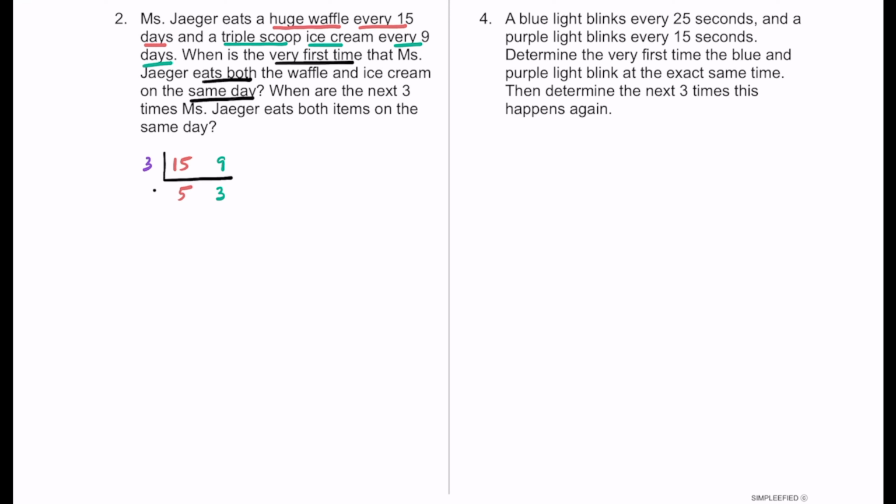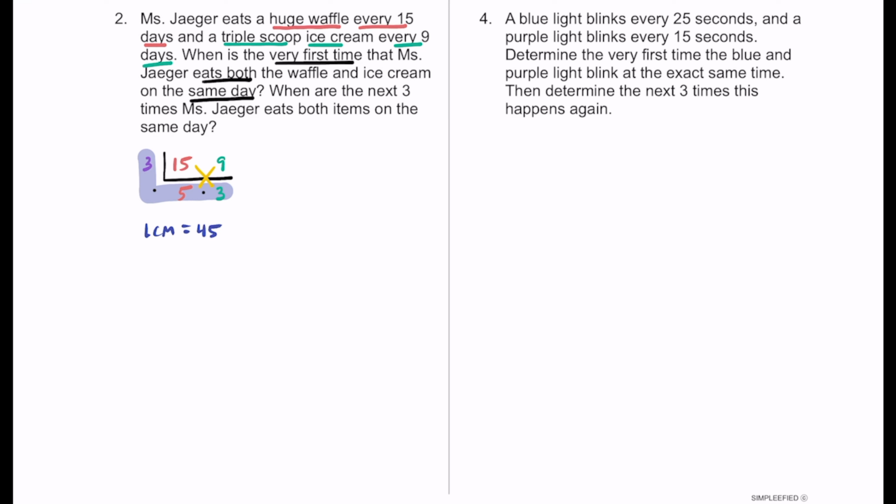If you multiply these outer numbers, 3 times 5 times 3 should get us our LCM. So the LCM here would be 45. Again, 9 times 5 is 45, or 15 times 3 is also 45. So the LCM, or the very first time, would be at 45.